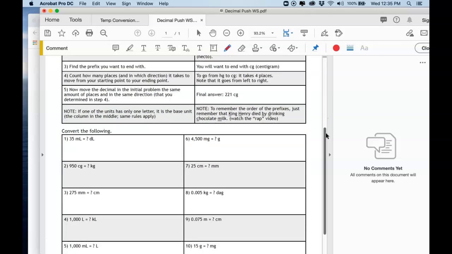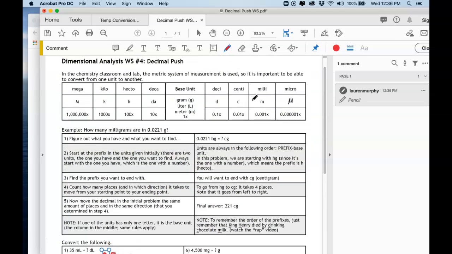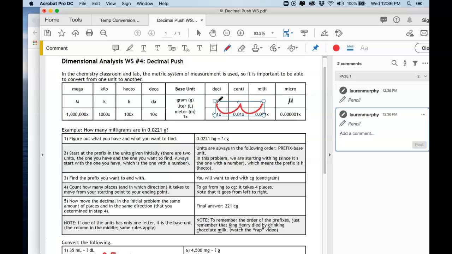So if we go down to the first problem, it says 35 milliliters. So I'm going to write out 35 milliliters, and I want to convert it to deciliters. So if you go back up here, you find milliliters. It's right here, and I'm going to go to deci. So I have to go back 1, 2.